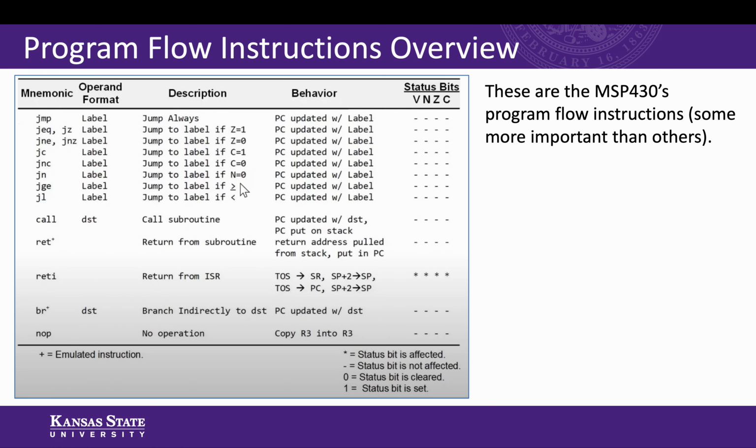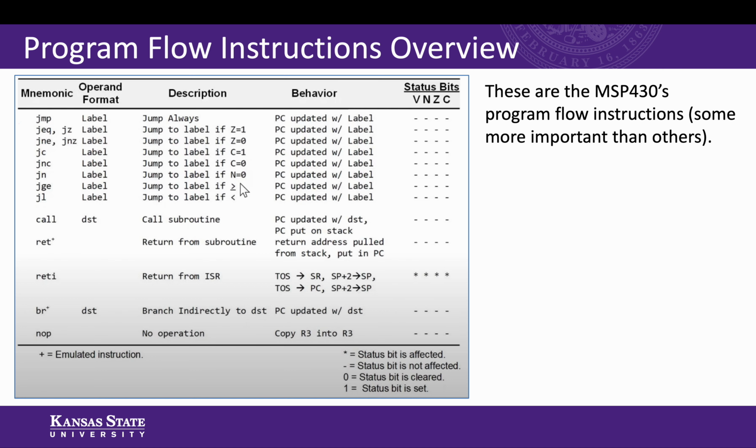In this figure, I've got most, or actually all, of the program flow instructions, and then some other miscellaneous instructions thrown in for good measure. So you can read some of these on your own. I'll point out a few of them. JMP is jump, and you'll see the description, jump always.